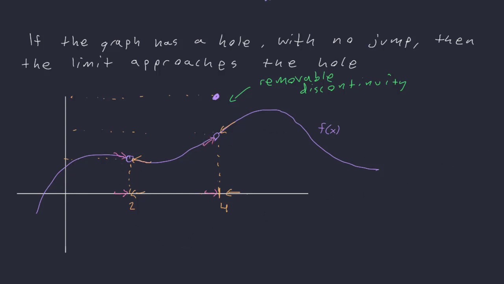Let's say these y values are 1, 2, and 3. In this case, the limit as x goes to 2 of f of x is going to be 1. It's approaching that hole. f of 2? Well, there's a hole. There's no point, so that's just undefined.